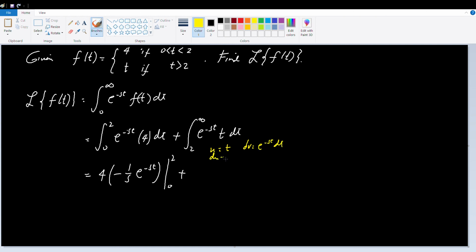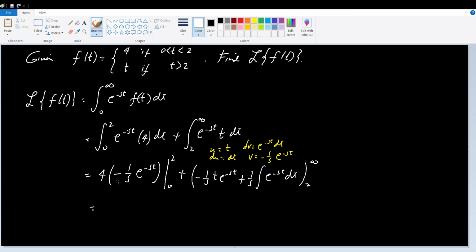So du is dt, and v is negative 1 over s e to the negative st. So for the integral of e to the negative st times t dt, it will be uv, negative 1 over s t e to the negative st, minus negative, so that will be positive 1 over s integral of e to the negative st dt from 2 to infinity. Okay?